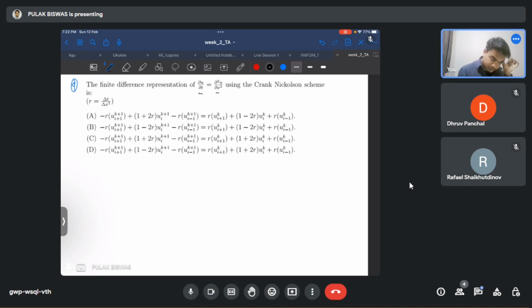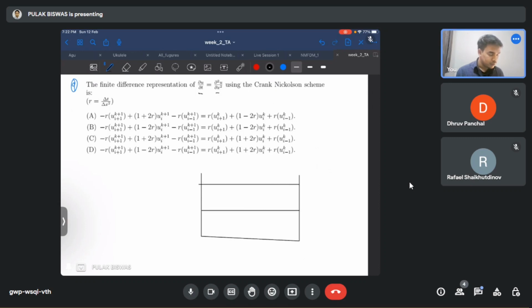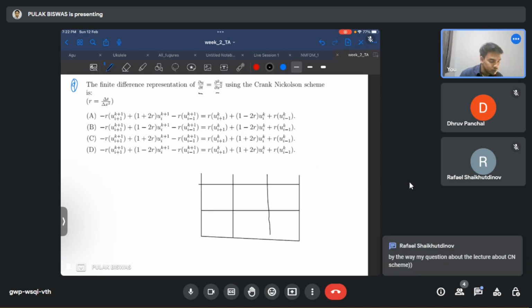Like there may be one grid. These grids are like you want the solution.